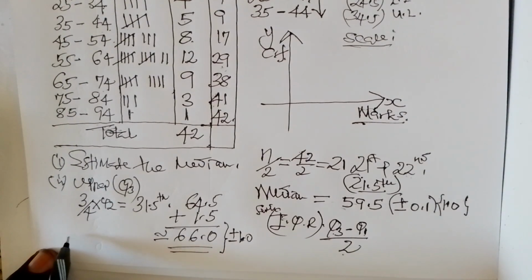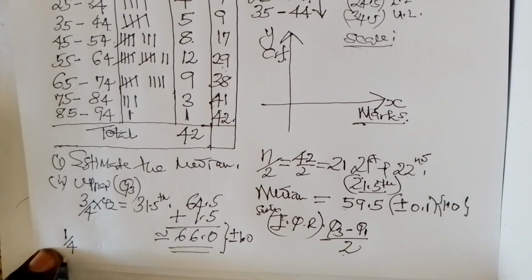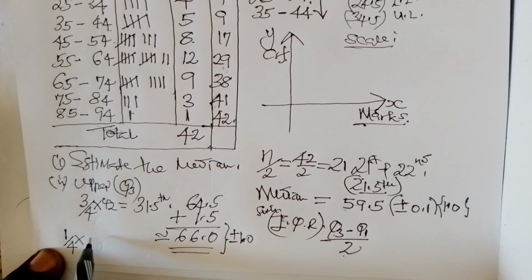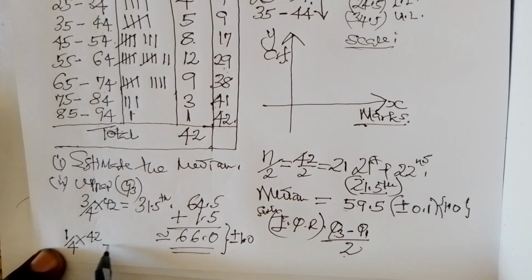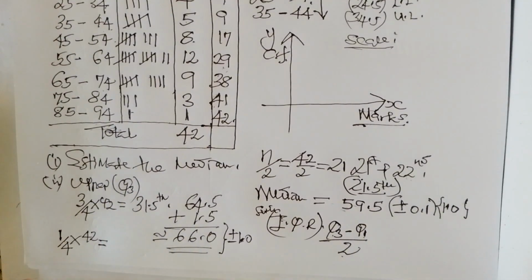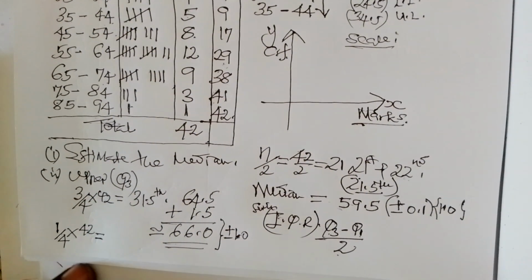A quarter multiplied by 42, and we get the 10.5th position.